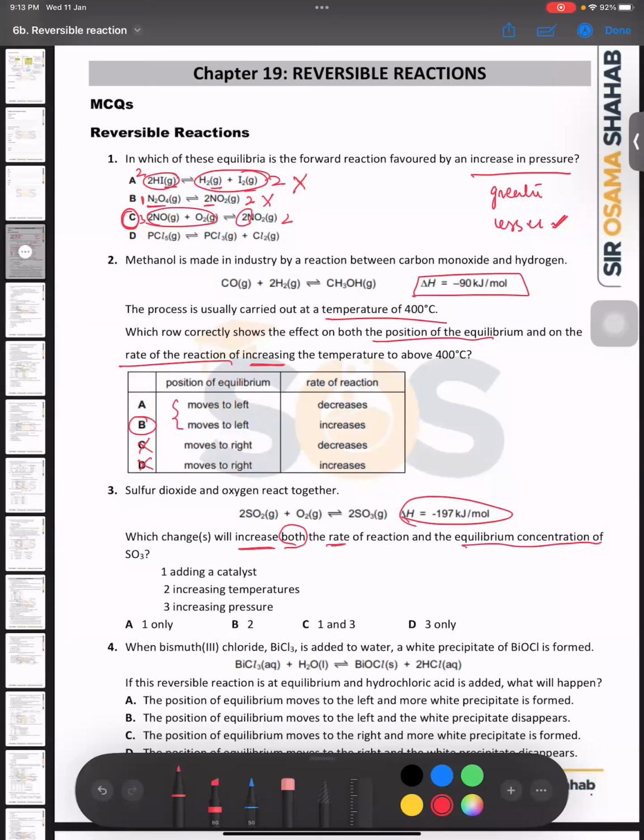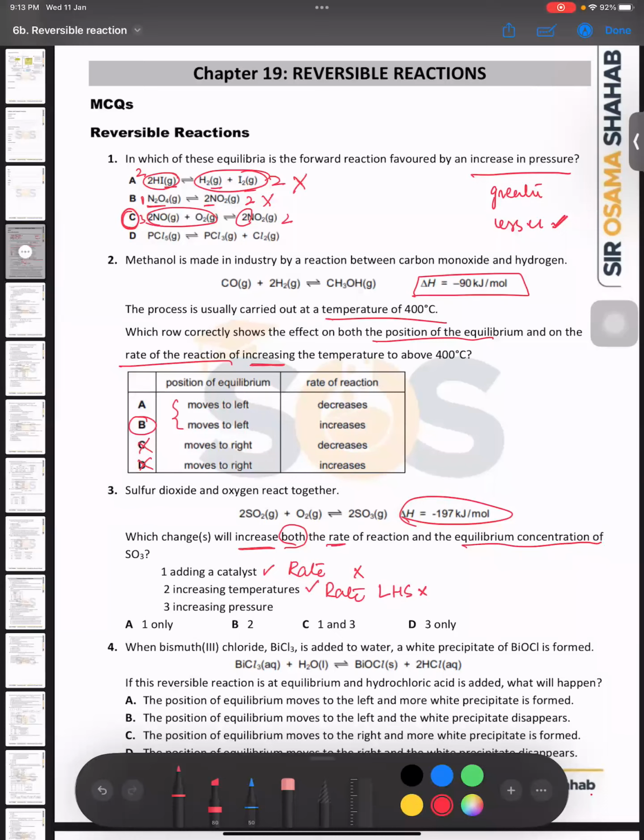If you add a catalyst, you know that a catalyst only affects the rate of reaction. It is not going to increase the yield of the product. So that cannot be the answer. And the reaction is exothermic. So if you increase the temperature, it will definitely increase the rate of reaction. But where will the reaction go, बच्चों? To the left-hand side. So this doesn't do both things either.